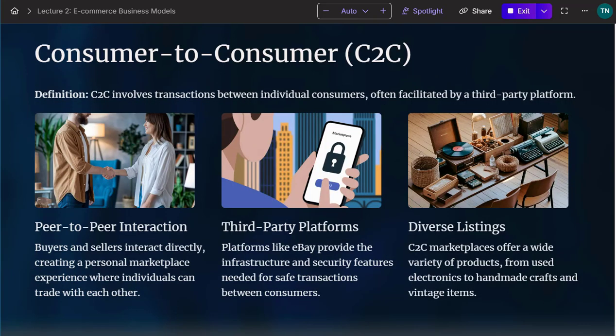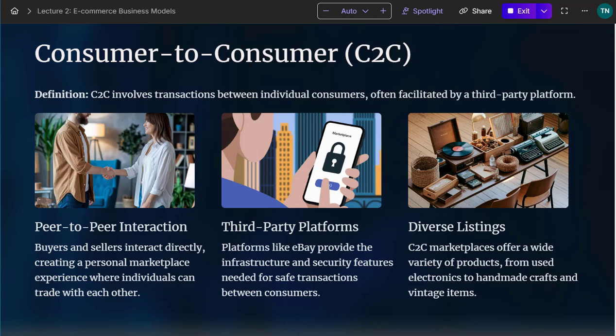Now we look at number 3, the third most popular e-commerce business model, consumer to consumer or C2C, right? C2C, or consumer to consumer, involves transactions between individual consumers, often facilitated by a third-party platform. Buyers and sellers interact directly in a peer-to-peer manner on these platforms. Platforms like eBay provide the infrastructure to enable secure transactions between consumers.